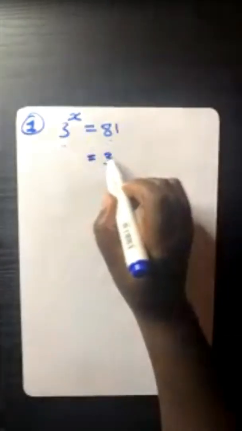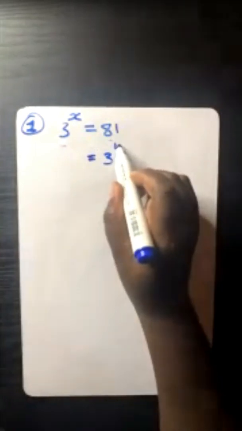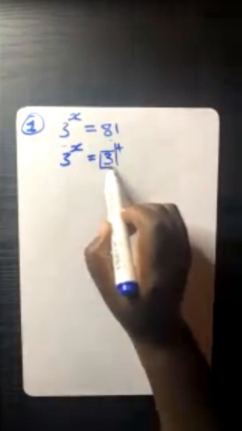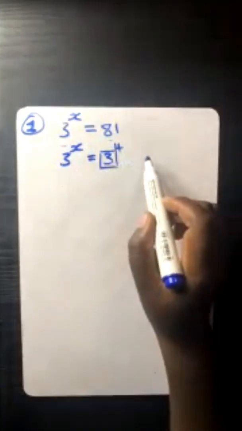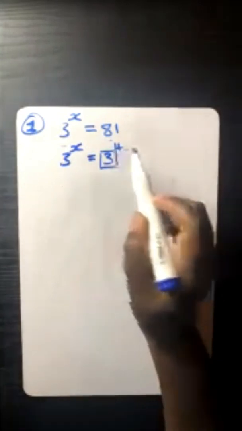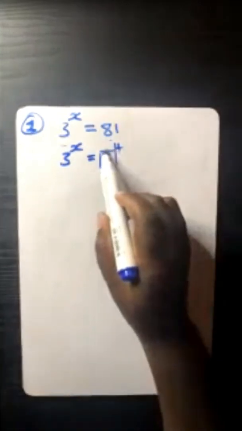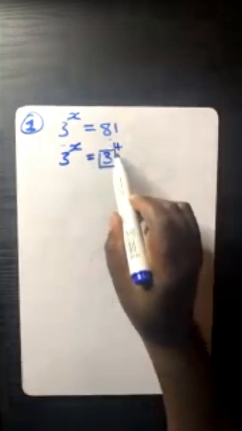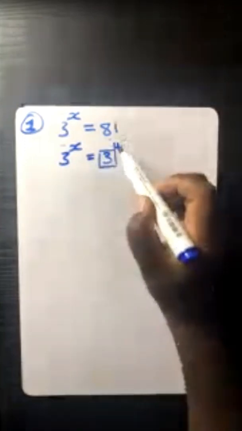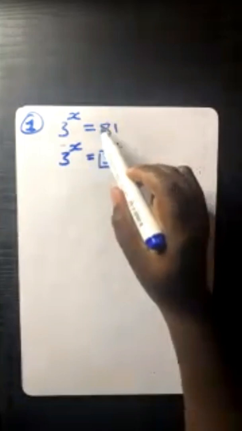Yes, that is how you write it in exponential form. So you say 3 to the exponent 4. That is exactly what I wanted, Shreyas. You have to rearrange it such that the base is the lowest number. Can you see that 3 is the lowest base for which we can say 3 to the exponent some number gives you 81?